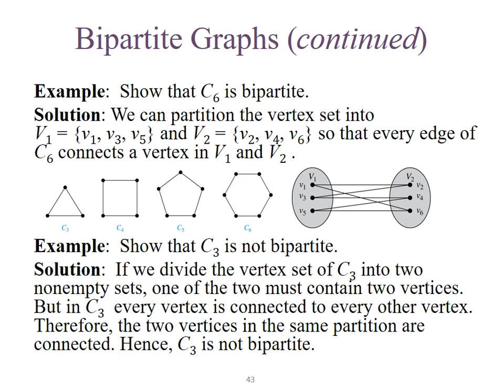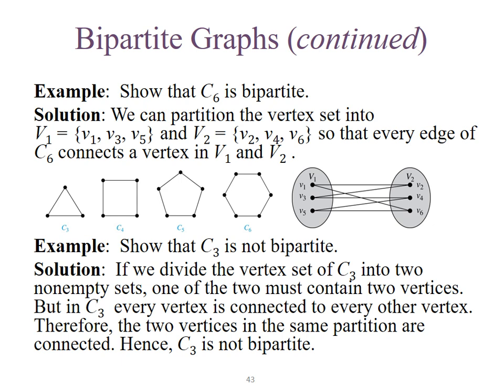Now this is a cycle graph with 6 vertices, and we can label the vertices V1, V2, V3, up to V6. For each edge, such as V1 and V2, the endpoints need to be partitioned into different categories. The first category can contain V1, V3, V5, and the second category has V2, V4, and V6.